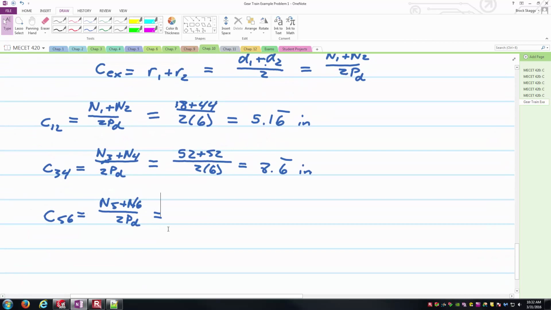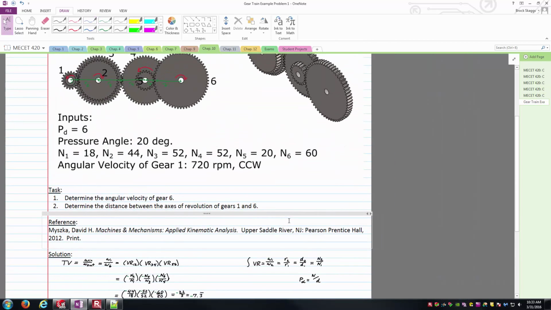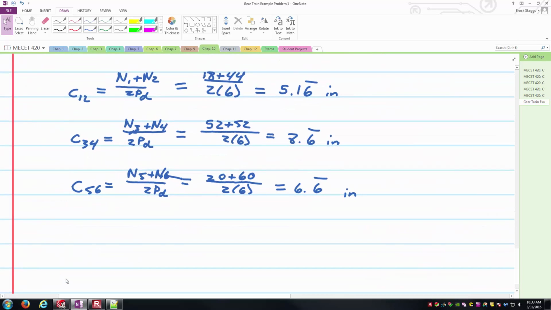So 20 plus 60 all over 2 times 6. Getting slightly messy here, but we've got 80 over 12, 6 2/3. So 6.6 repeating inches.